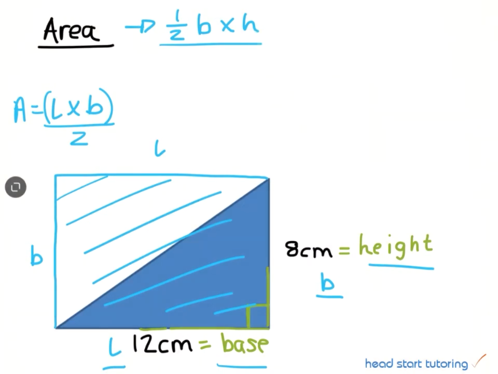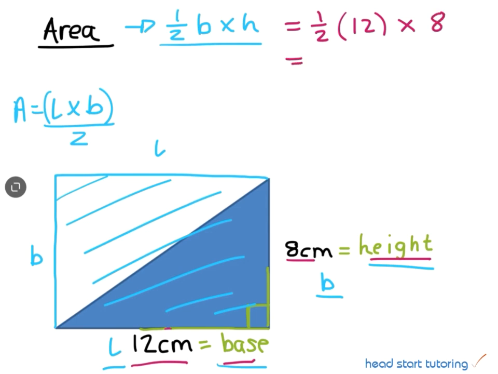Using half base times height, we need to plug in our different measurements. So we've got 12 centimeters is our base and 8 centimeters is our height. So half the base, which is 12, multiplied by our height, which is 8.